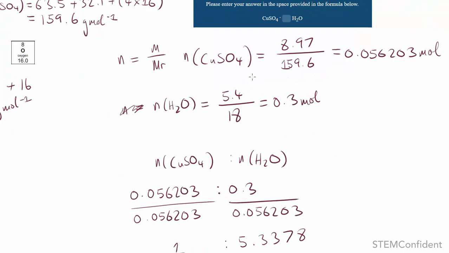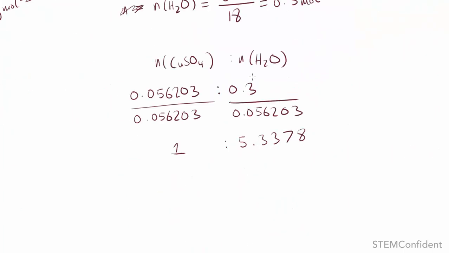As far as the right hand side goes, we do need an integer value. So we're going to round it to the closest integer value, which in this case is 5. So this is 1, in a ratio of approximately 5, right?